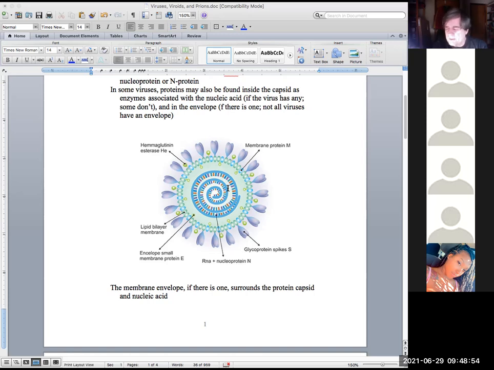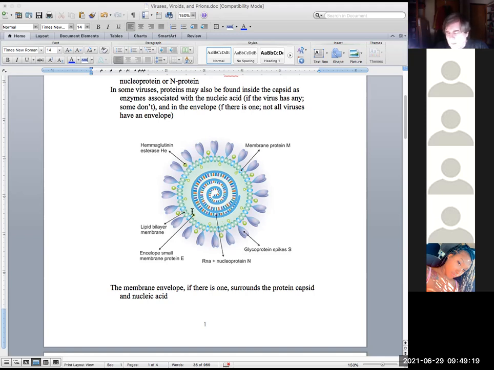So notice this is a little factory that all it does is reproduce. It has nucleic acid that has the instructions to make proteins. When it makes the proteins, that protects the nucleic acid. So there's no point to this other than reproducing.